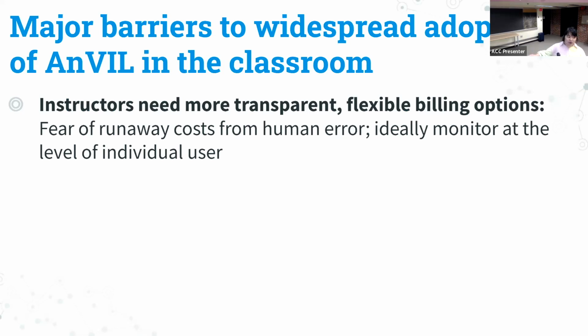Well, that's doubly true for their computational lab materials. There's a human error element in all of that, right? And there's a lot of fear and apprehension from new instructors when you tell them that you could continue to have runaway costs if things aren't shut down properly. So ideally, we need to be able to measure the spending at the level of the individual student and also give instructors the ability to toggle their access on or off.